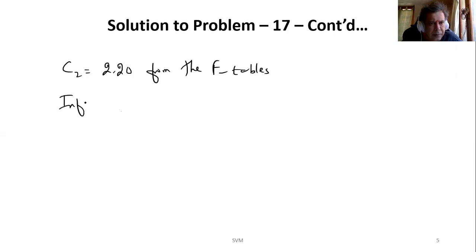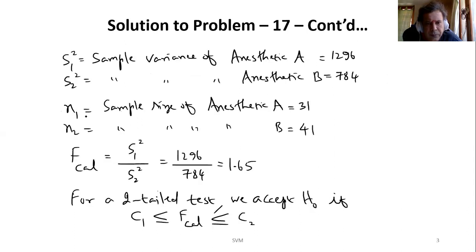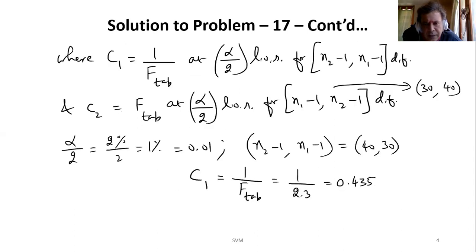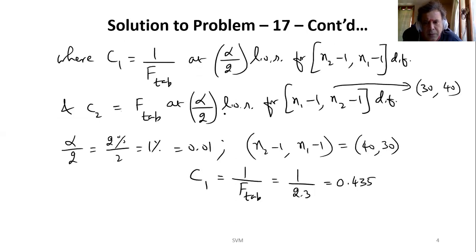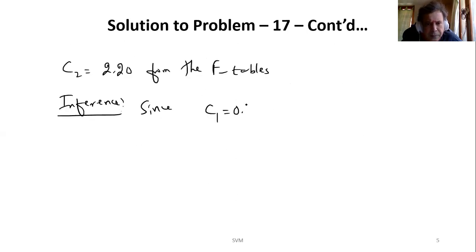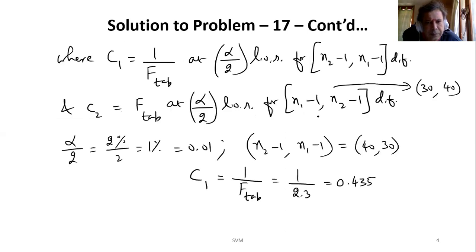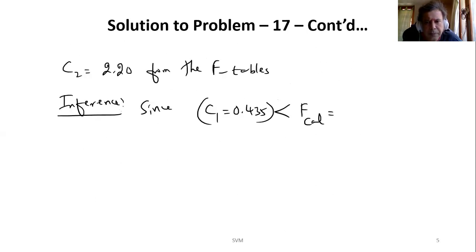Now, inference. What is our Fcal value? 1.645. Does it lie between these two? Yes. Since C1, which is 0.435, is lesser than Fcal, which is 1.645, and that is lesser than C2, which is 2.2.